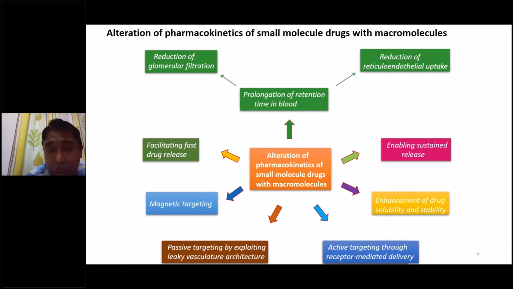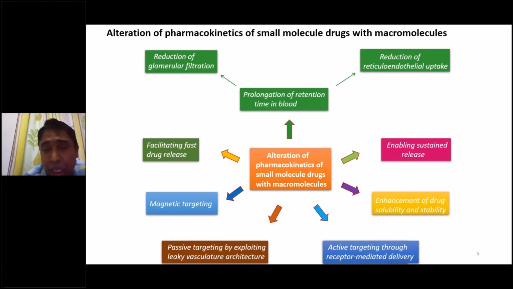And at the same time, the tumor has an underdeveloped lymphatic system. So that's why the released drugs can be retained in the tumor for a long time. This is what we call the EPR effect, enhanced permeability and retention effect.